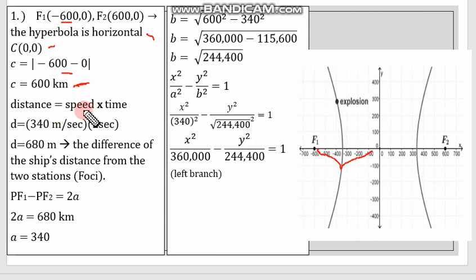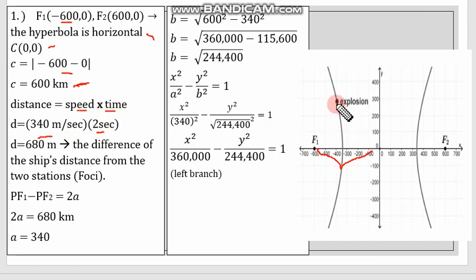So the speed given here is 340 and the time is 2 seconds. To identify the distance, we use the distance formula. If you remember from your science in junior high school, distance is equal to speed times time. The speed is 340 meters per second, and the time is 2 seconds.